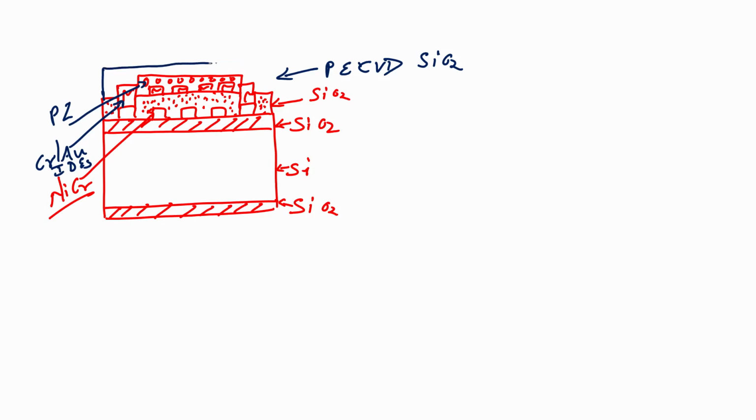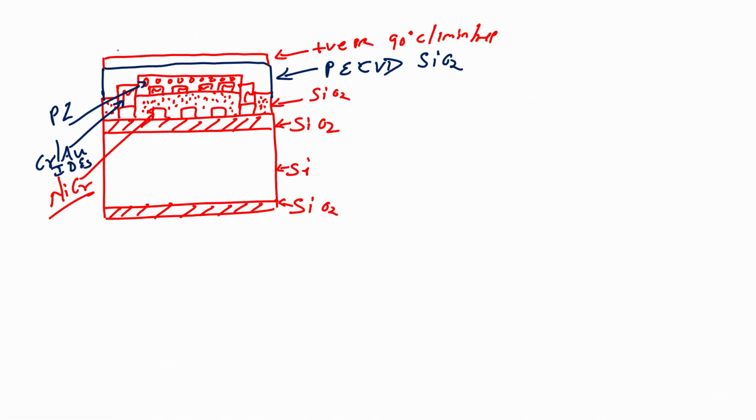So, I will go for a lithography technique in which we will spin coat positive photoresist, and after spin coating positive photoresist we will go for soft bake, 90° for 1 minute on a hot plate.